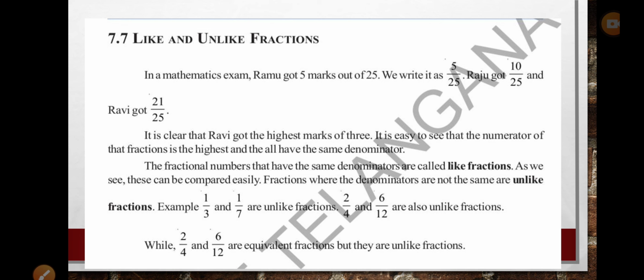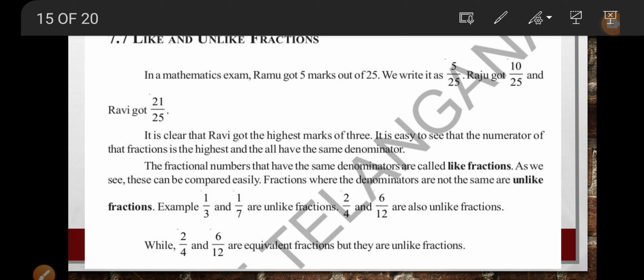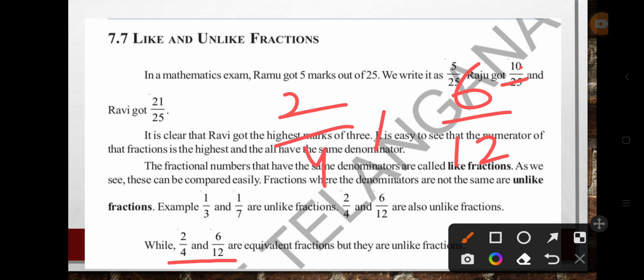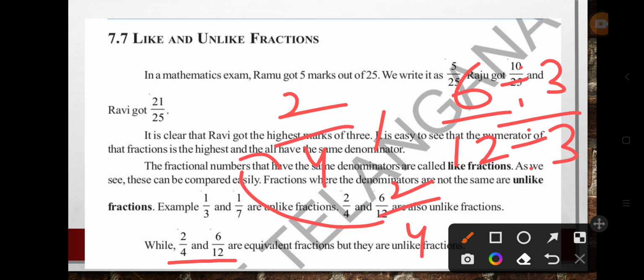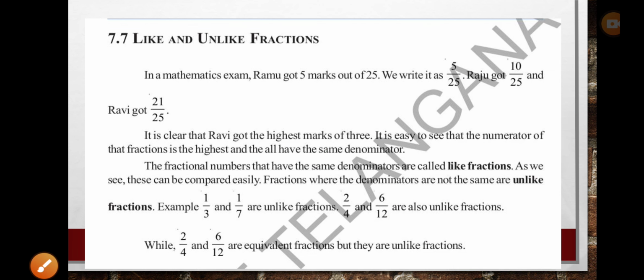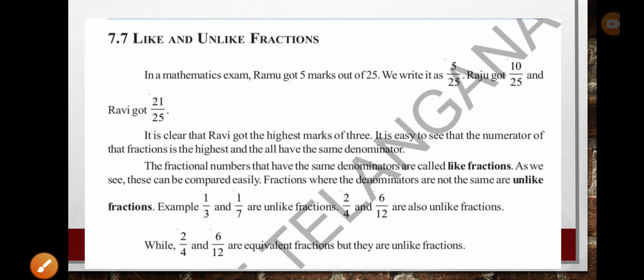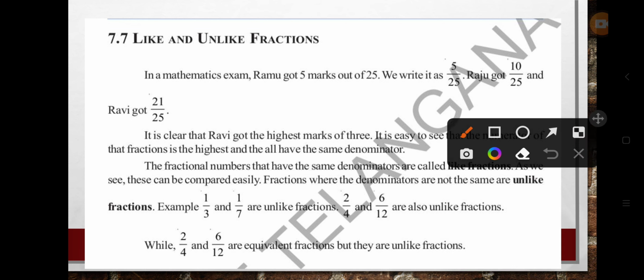But these are equivalent fractions. Look, these two are unlike fractions but equivalent fractions. Because 2/4 and 6/12, if we divide 6/12 by 3 on both, then 3 2s are 6, 3 4s are 12. So these are equivalent fractions. 2/4 and 6/12 are equivalent fractions, but they are not like fractions.